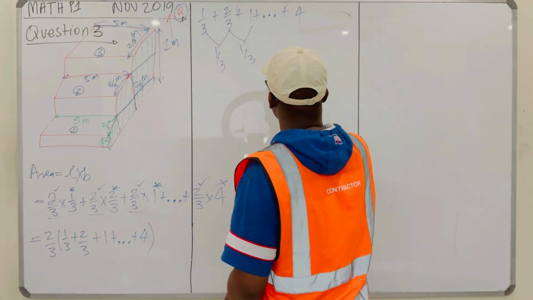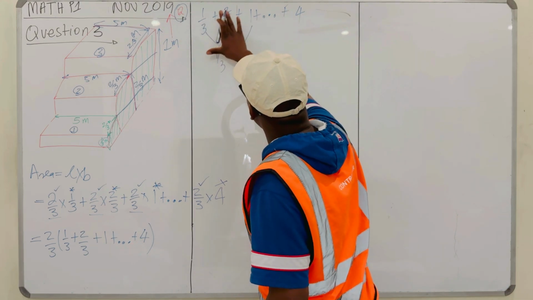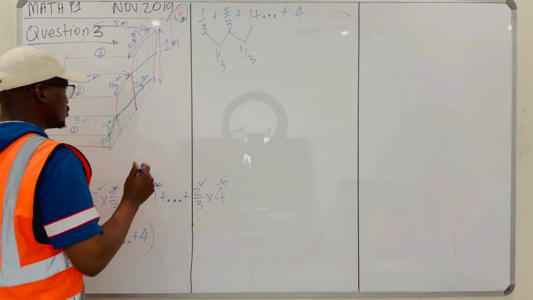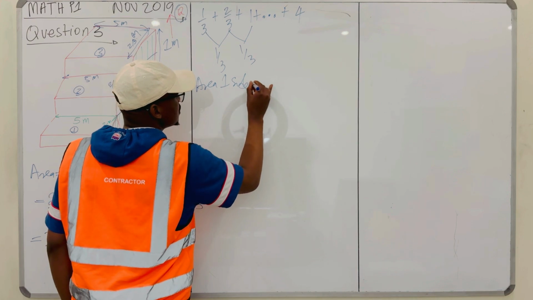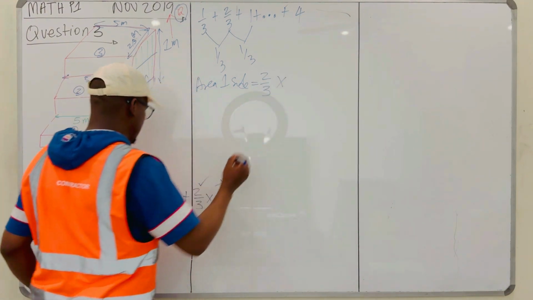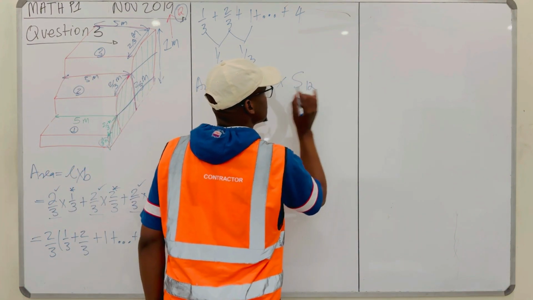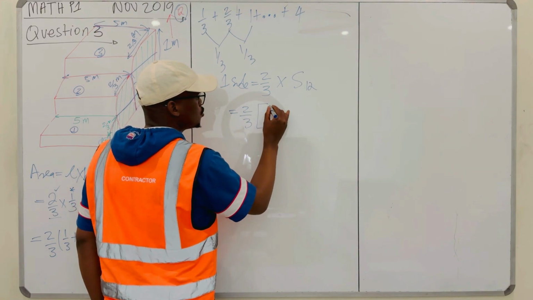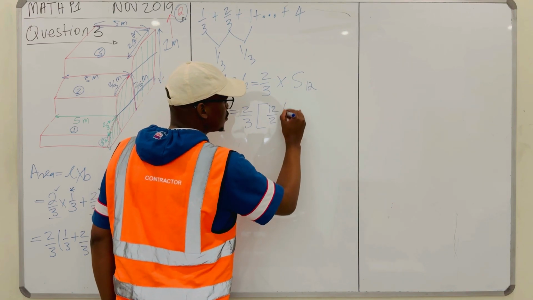So in this case, let's find this. We need to find the sum of these, right? Now we're going to say our area, this is for one side, is equal to 2 over 3, which is what we have, times the sum of these 12 terms of this series, which is 2 over 3 into 12 over 2 into 2a.